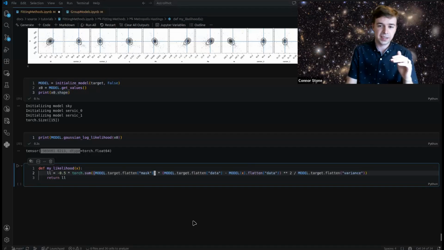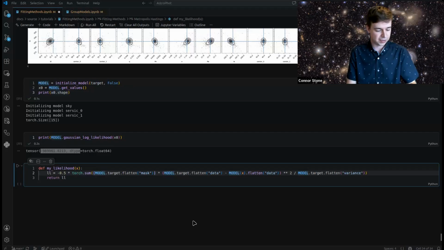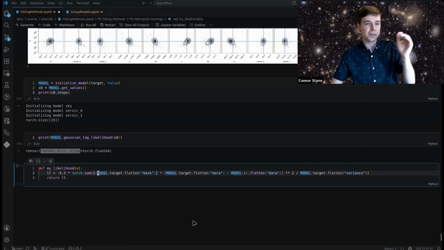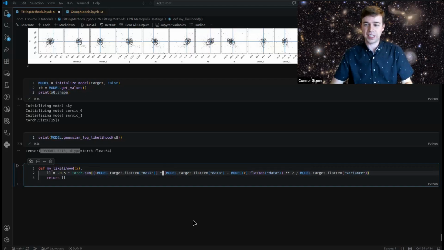And now the mask is 1 for masked and 0 for not masked, which is pretty standard for masks. So we just do the negative of that. So now it's going to be 1 for pixels that we want to keep and 0 for pixels that we don't want to keep, which of course means that we can multiply it by our data. And so it'll multiply by 0 all the data that we don't care about.